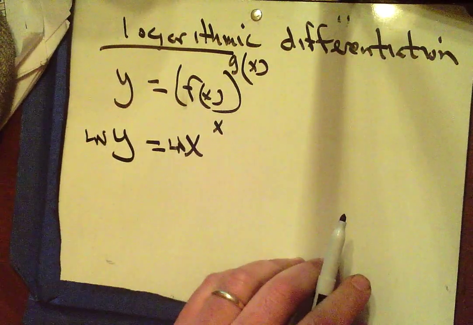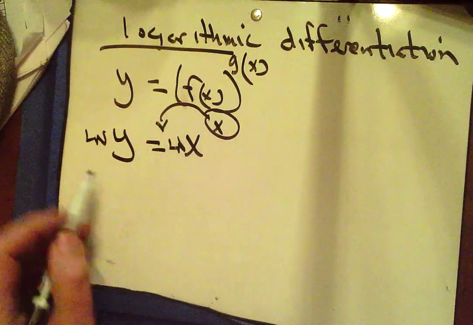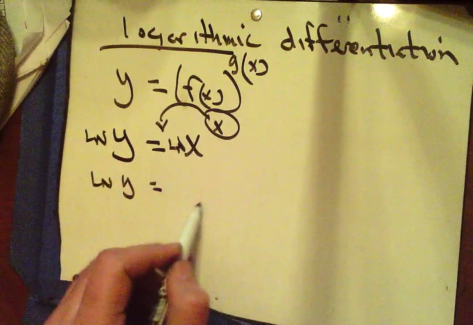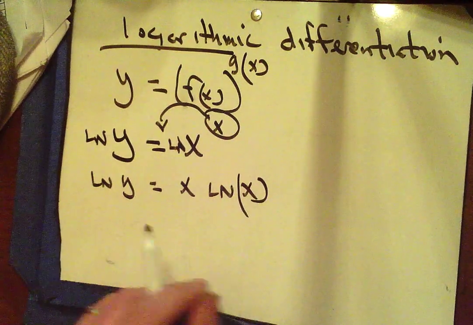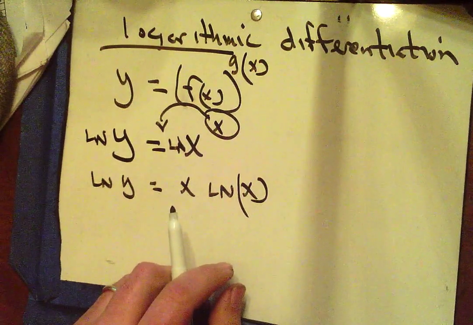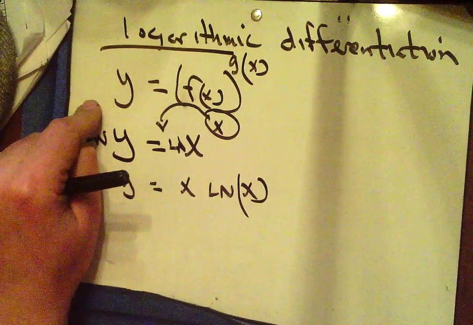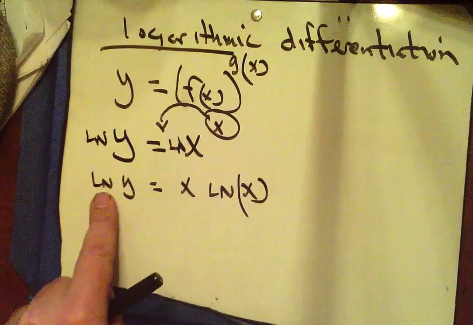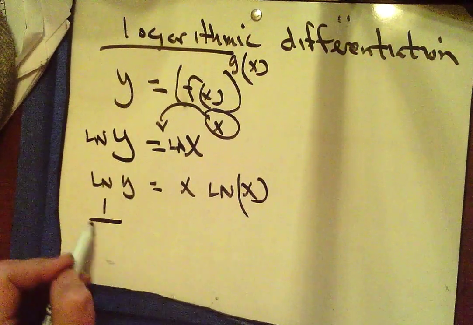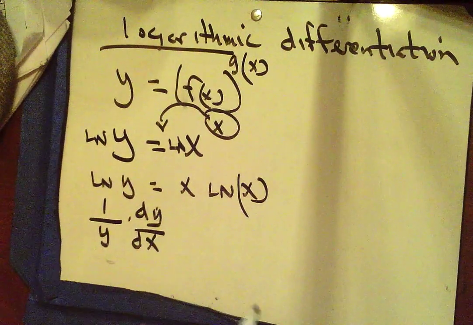We need to take the log of both sides. I take the ln of both sides and move this down. So we've got ln of y equals x ln of x. Now I'm ready to take the derivative. The derivative of ln is 1 over stuff times the derivative of stuff with respect to x.